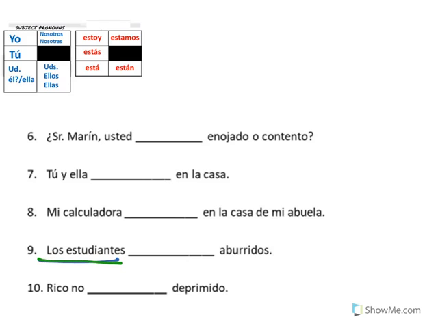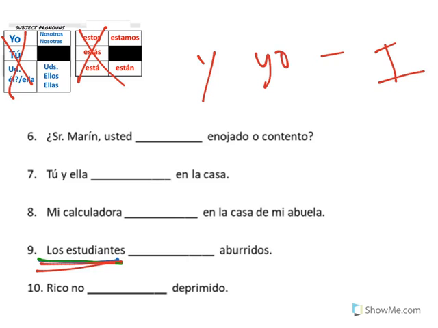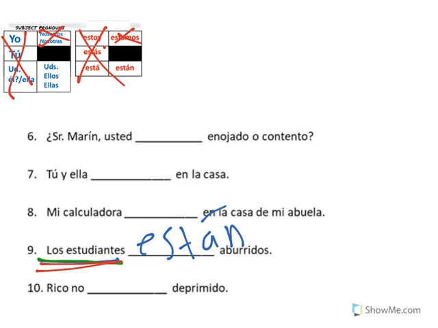Because los estudiantes is more than one. Does it say y yo in the sentence? Does it say I am included? No, it doesn't. It's just saying the students. If it doesn't include an I, then we can eliminate that. Los estudiantes están.